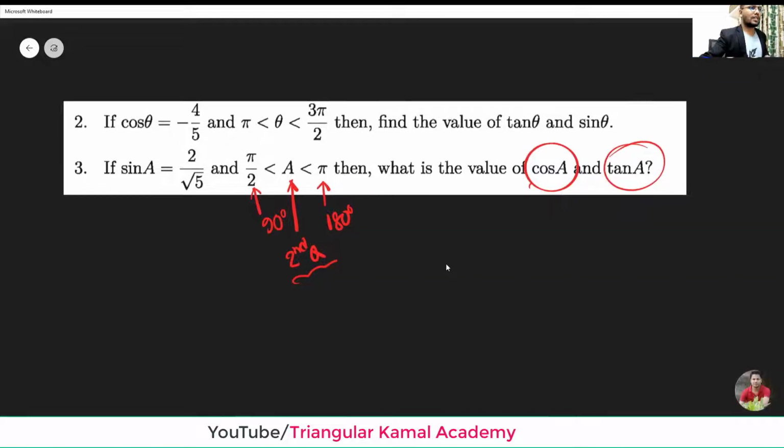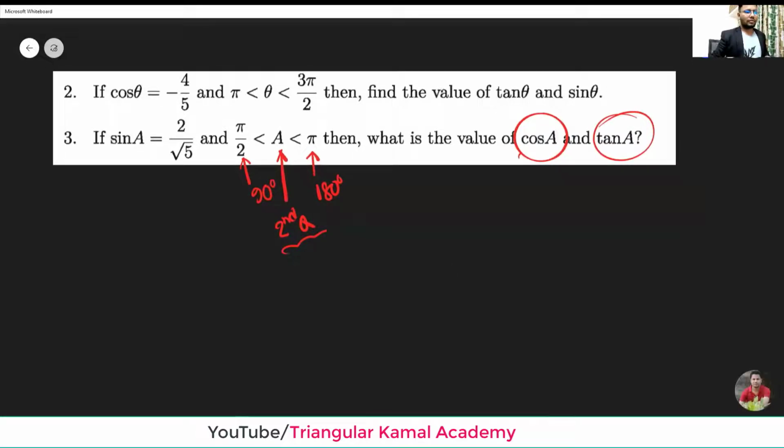So now draw the figure. So this is x prime, y prime, and this is O. So theta is given in the second quadrant. So draw a right angle triangle in the second quadrant. This is the second quadrant, and this is the angle.